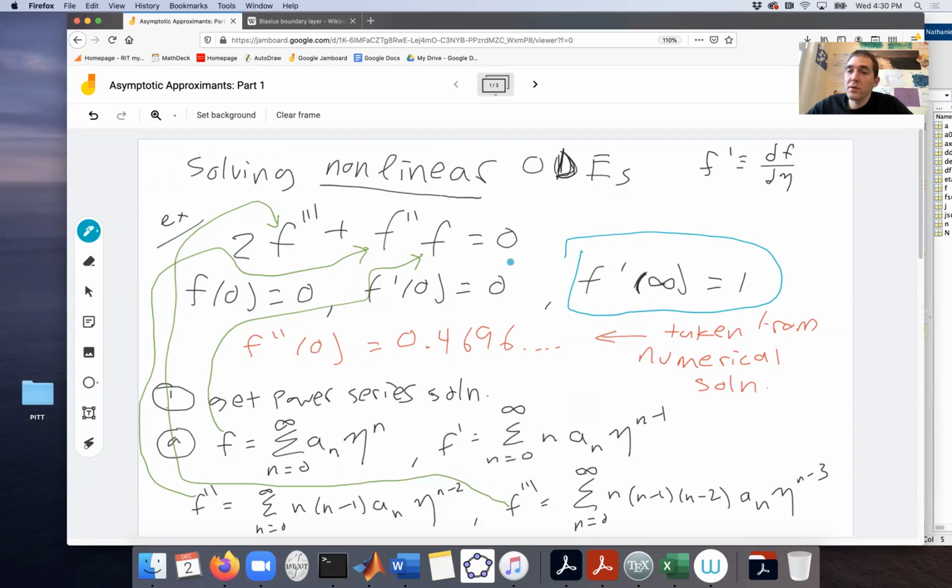Okay, and so this is the two pieces you need for an asymptotic approximant. It's a series solution at one end of your domain and some kind of asymptotic behavior at the other end of your domain. That could just be the leading order, like right here, or it could be a different asymptotic expansion about another point in your domain.